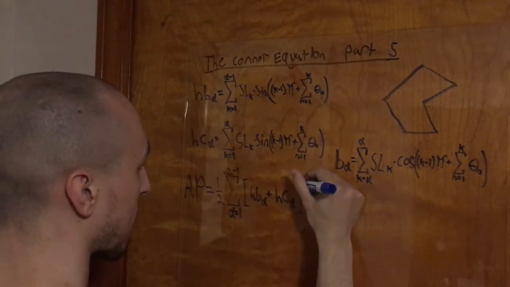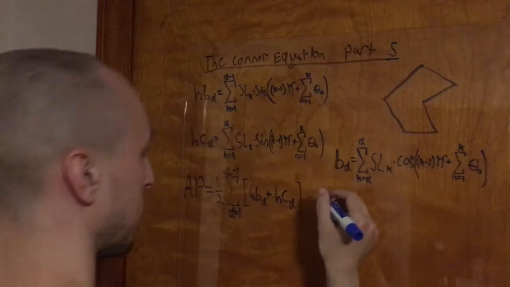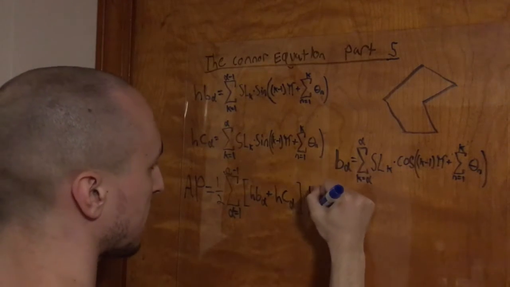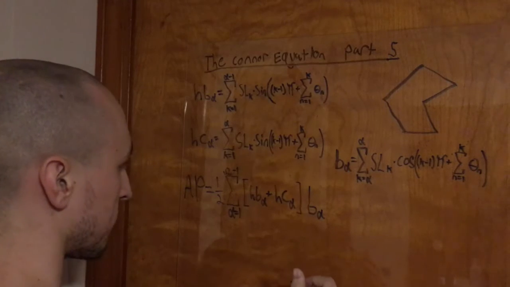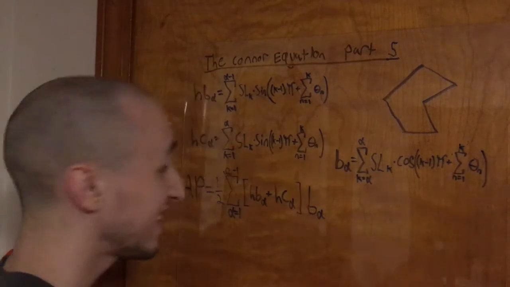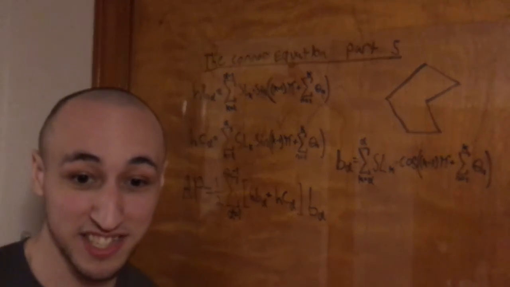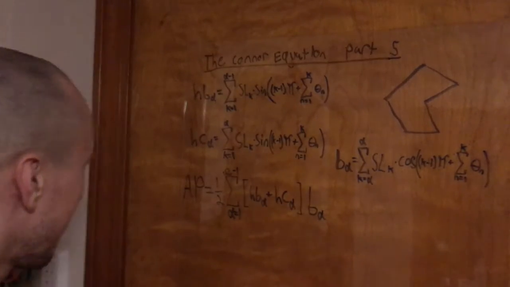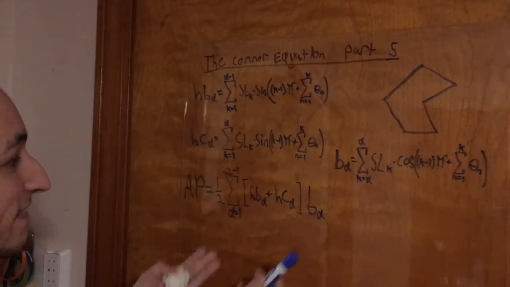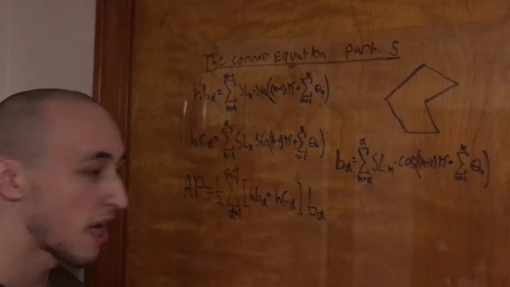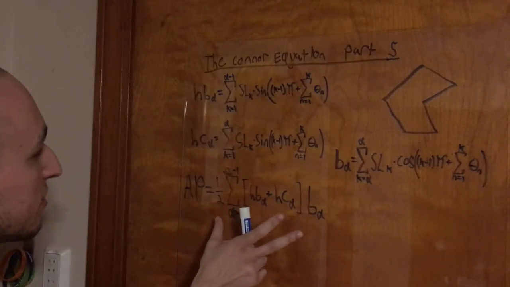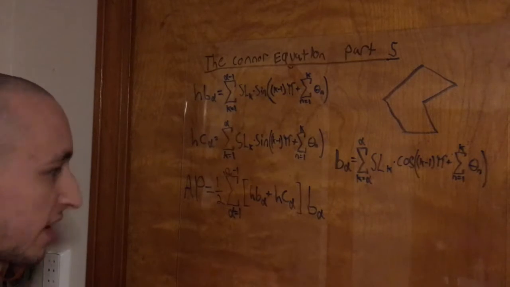Close the brackets because now we're going to put times big B alpha. Okay? And that is it. That is the counter equation. That's the entire thing? That is the entire thing. The entire thing is essentially the entire thing.